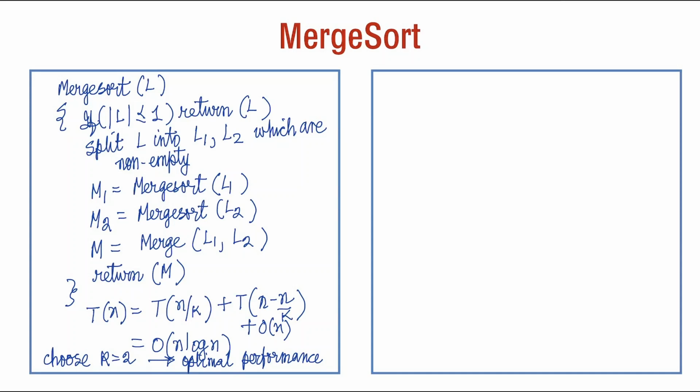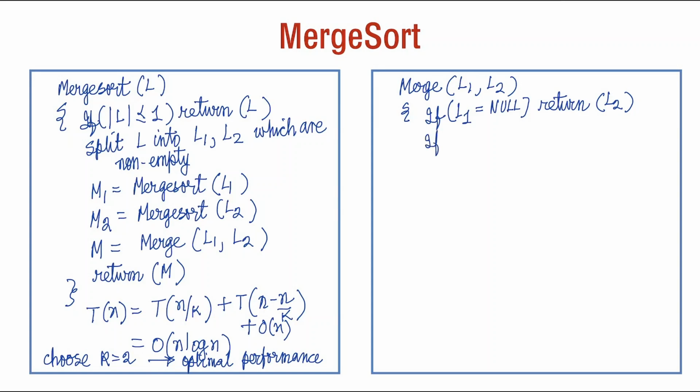In order to do the merge algorithm in order n time, we write merge L1 L2. If L1 equal to null, return L2.